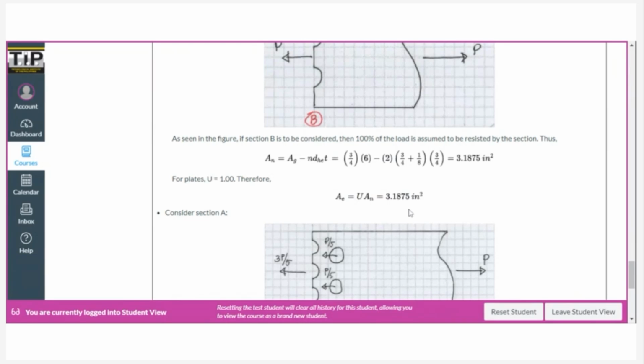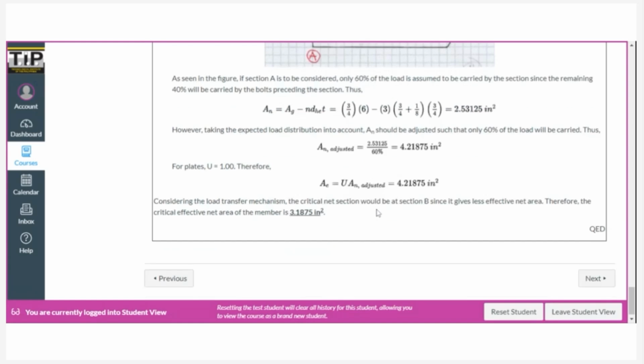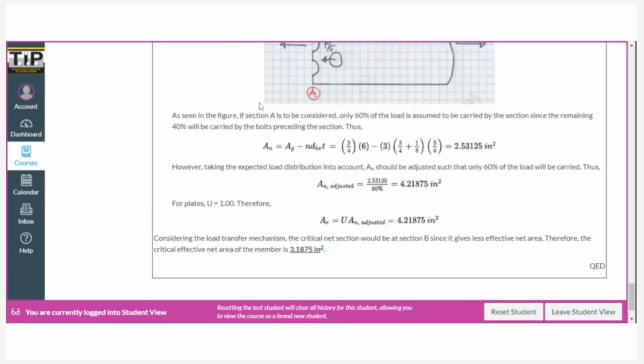So in this case, the critical net section would be at section B, since it gives less effective net area. Therefore, the critical effective net area of the member is the one that we solved from section B, which is equal to 3.1875 square inch. So there you go with our first example.